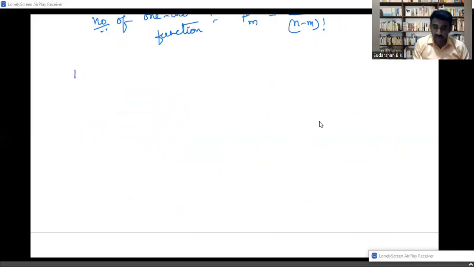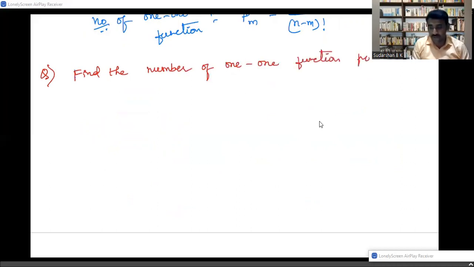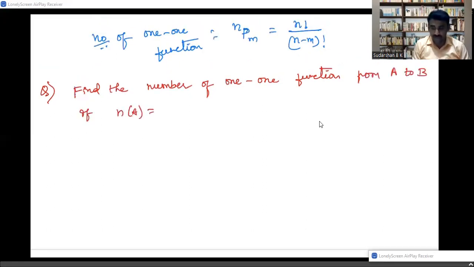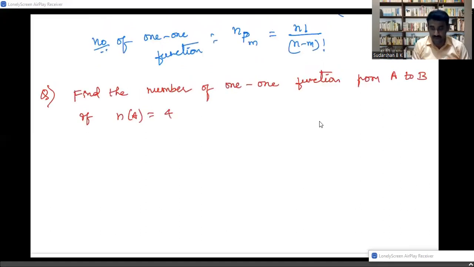Find the number of one-to-one functions from set A to set B if n(A) is equal to 4 and n(B) is equal to 5.